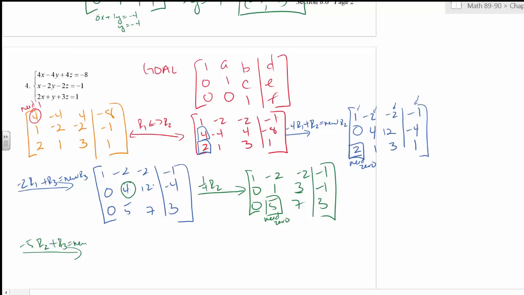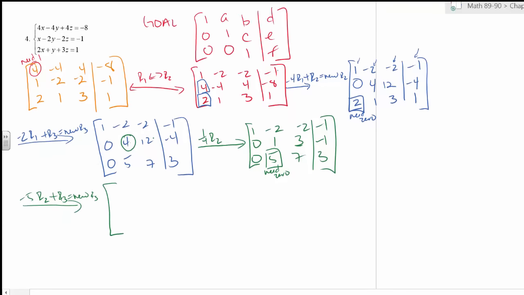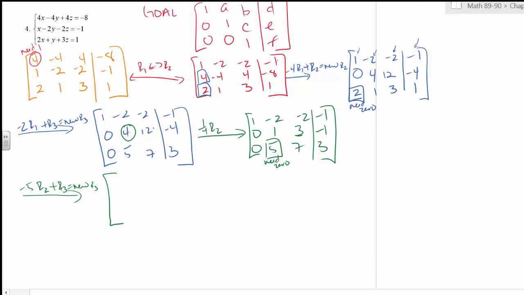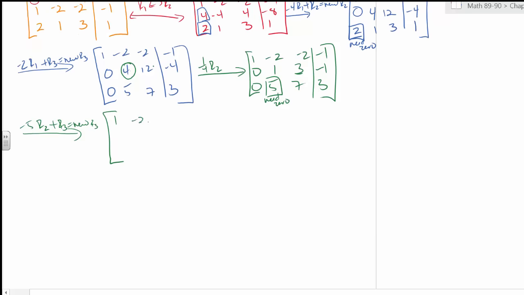And that will give me a new third row that's a little bit neater than the original messier third row, meaning there's a 0 there instead of a 5. So the first two rows again aren't changing. We're just going to have a new row 3. So the first two rows can be copied in. So we have 1, -2, -2, -1, 0, 1, 3, -1.